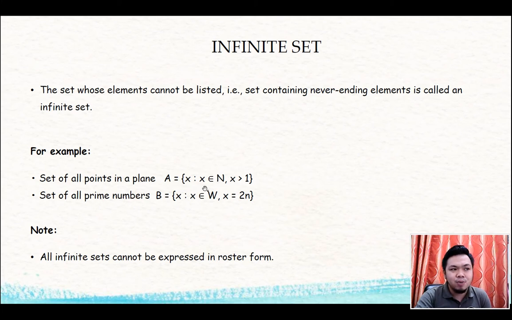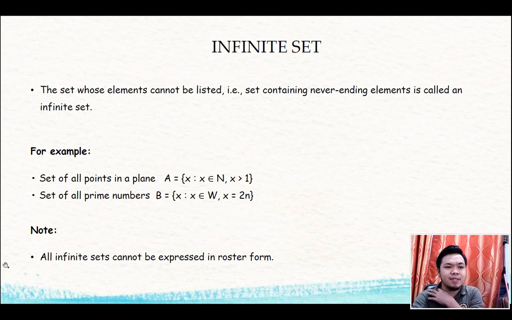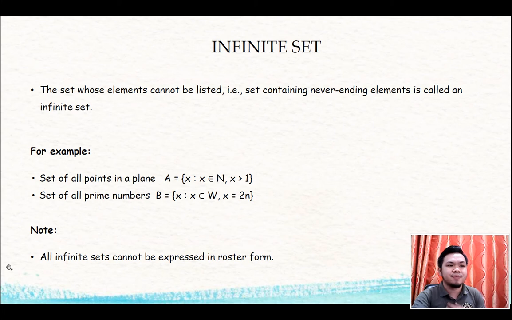A is equal to X such that X is a subset of N, X is greater than 1. Then, set of all prime numbers. B is equal to X such that X is a subset of W, then X is equal to 2N. All infinite sets cannot be expressed in roster form.